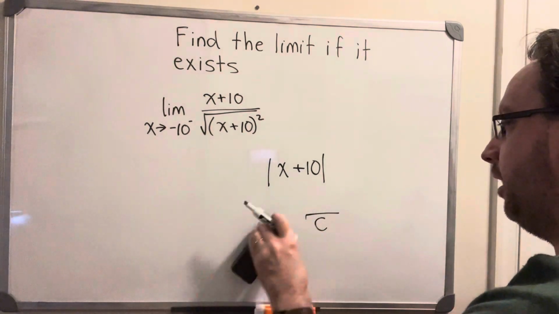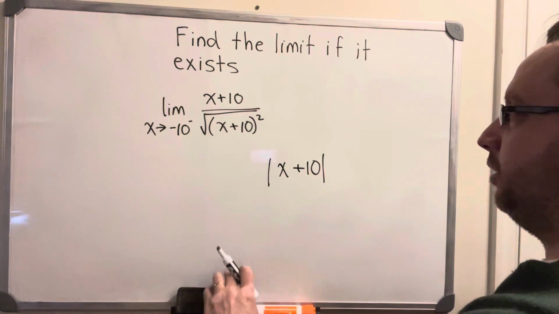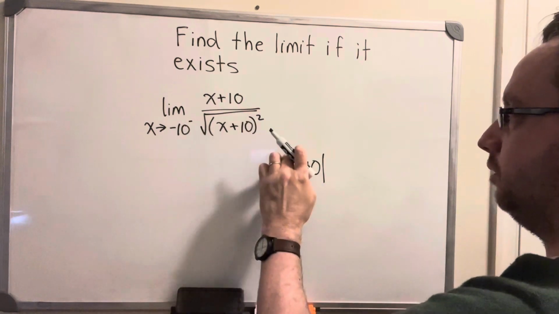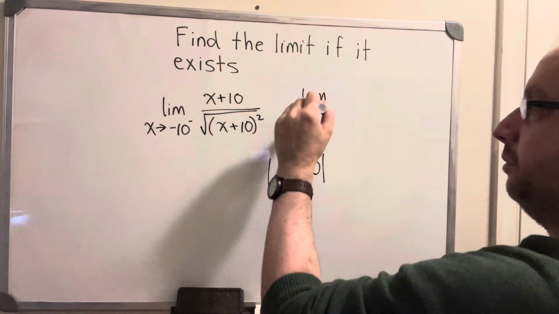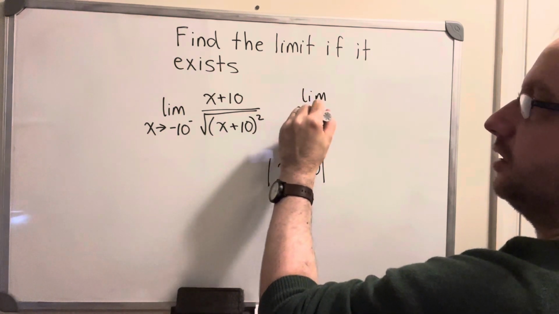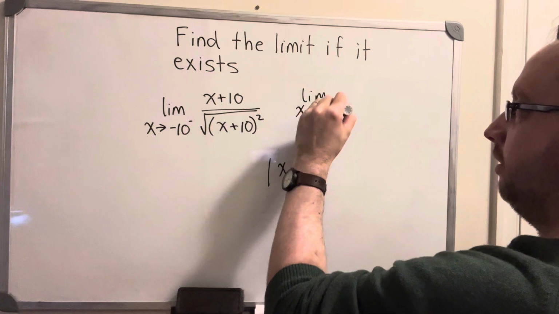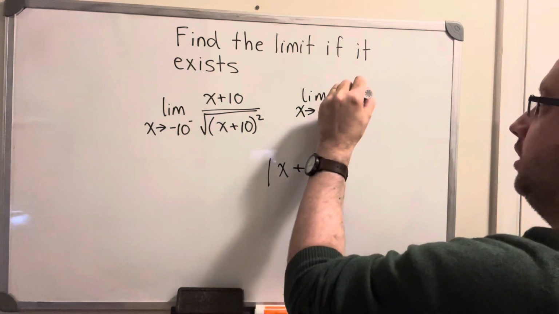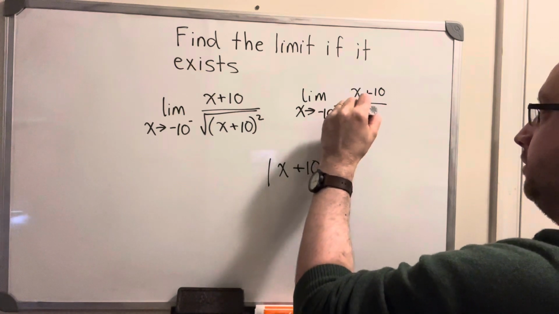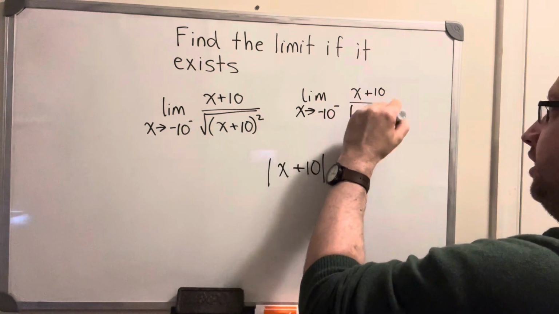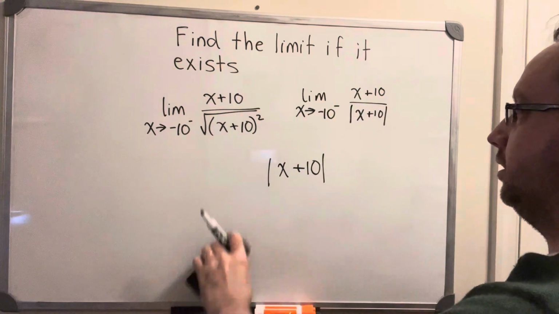But we could just as easily replace all of this with this. So we could write this: the limit as x approaches negative 10 from the left of x plus 10 over the absolute value of x plus 10. These two are the same.